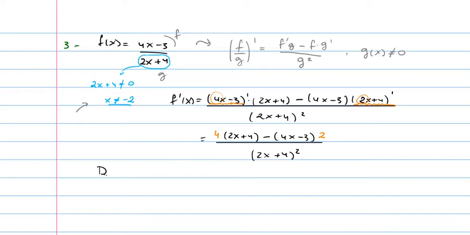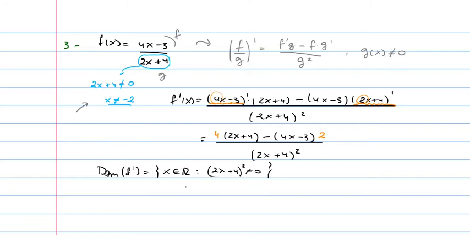And again, we have that the domain for f prime will be whenever the denominator is not 0. So it's going to be all the x in the real numbers such that 2x plus 4 squared is different to 0.